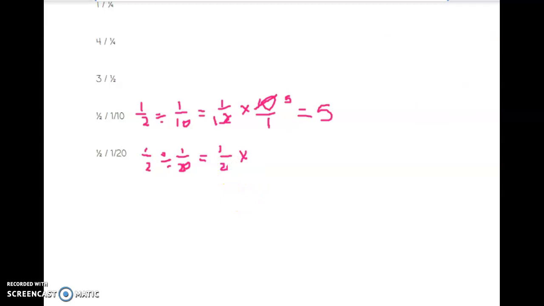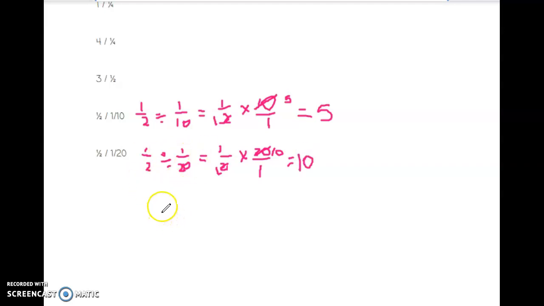Okay, there we go. And then we're going to flip 1/20, so it's going to be 20 over 1. I can reduce before I move on. Both 2 and 20 are divisible by 2, so 2 divided by 2 is 1. 20 divided by 2 is 10. You multiply it out, the final answer is 10.